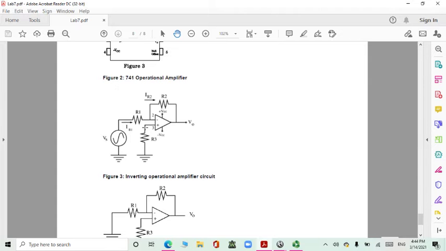We will use 3 resistors. This R2 is your feedback, which is connected between the input and the output. And this is your input resistance. The op-amp has a very high resistance.